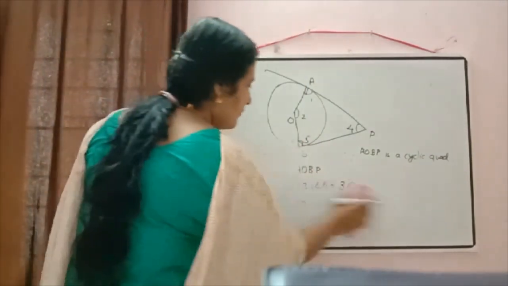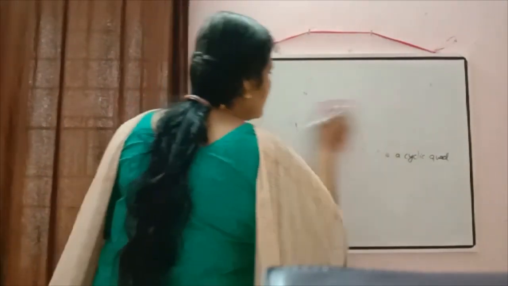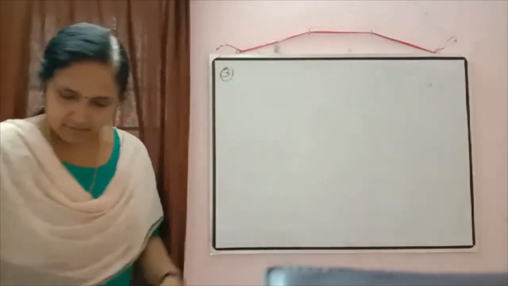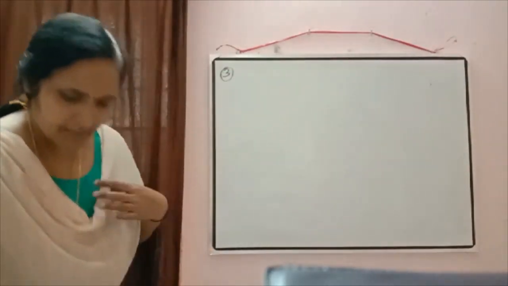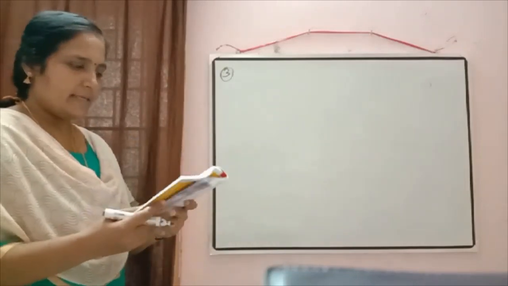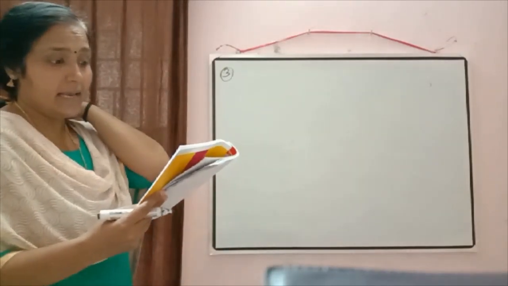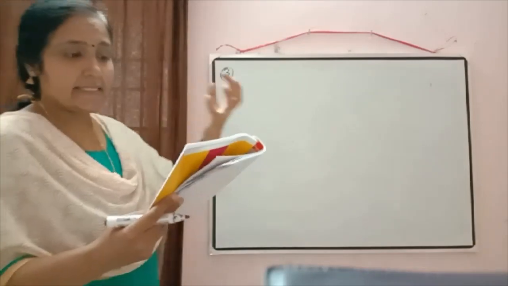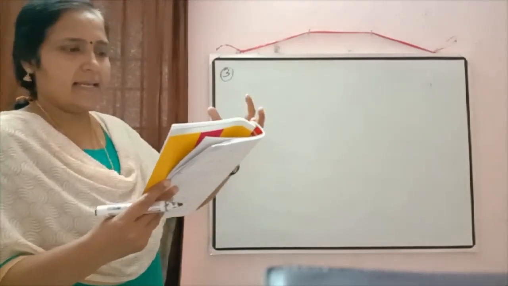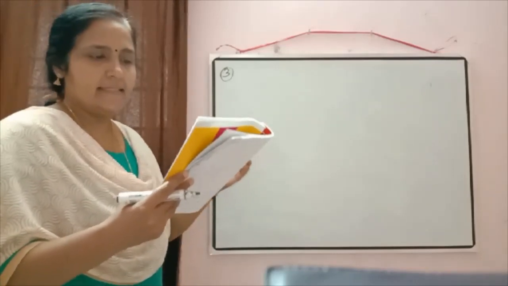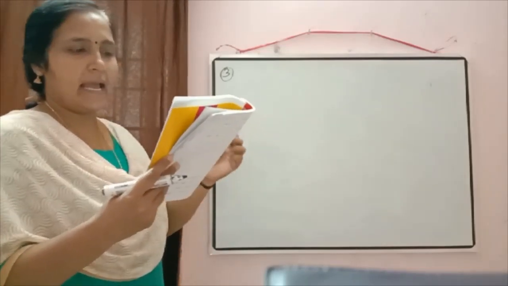Okay, now we'll check the next question. Question number 3. Now just to check what information is given in the question. It is written, a circle is inscribed in a triangle ABC. Circle is inscribed means the circle is inside the triangle ABC, touching its sides AB, BC and AC.